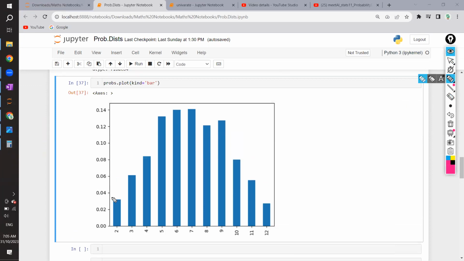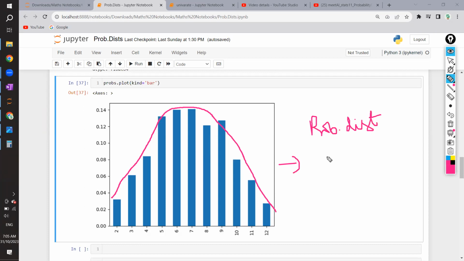You're trying to understand, so you can just try to connect this and visualize a graph. Okay, so this is a probability distribution, again for a discrete variable, but the experiment is rolling 2 dice and taking the sum.